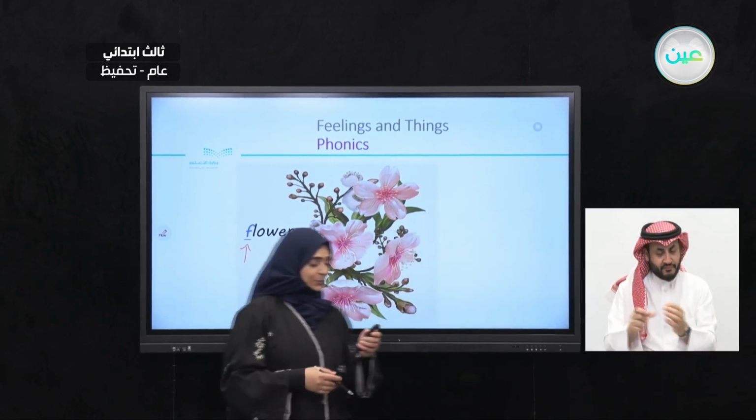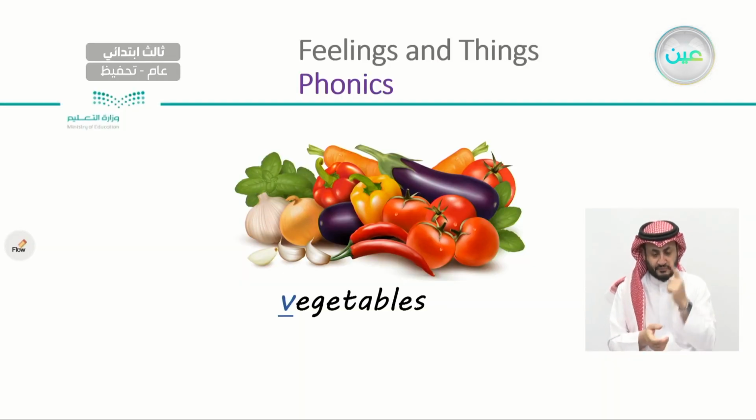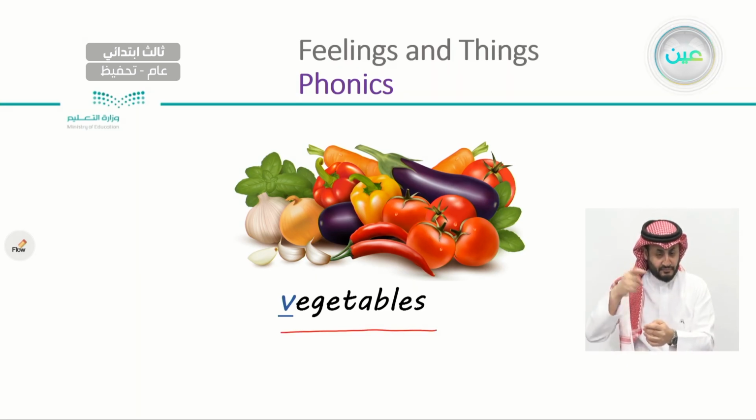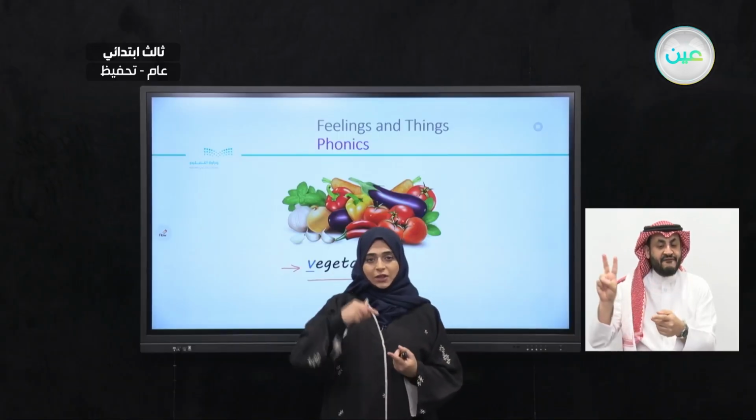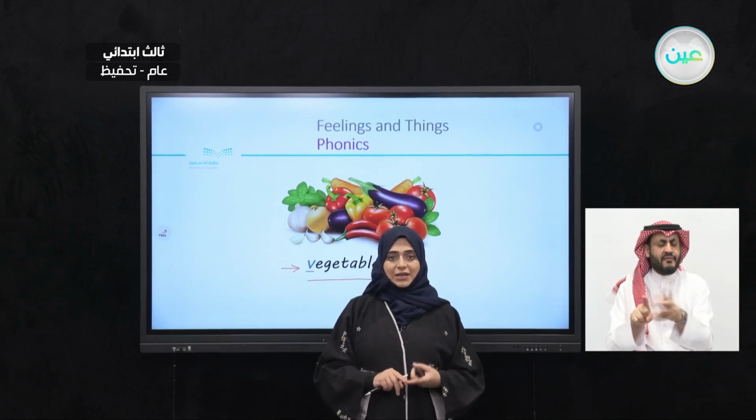Okay, let's continue. Here we have a picture of different kinds of vegetables. That's why it ends with an S. Now the first sound is the V sound. So what other sound is similar to the V sound?